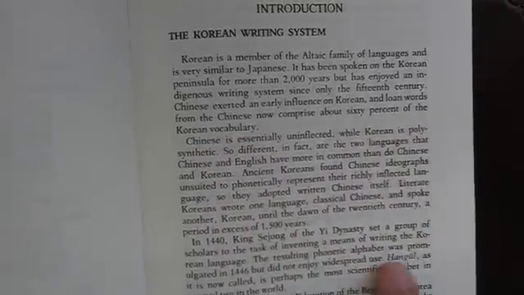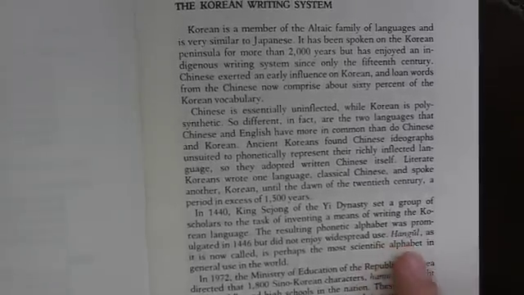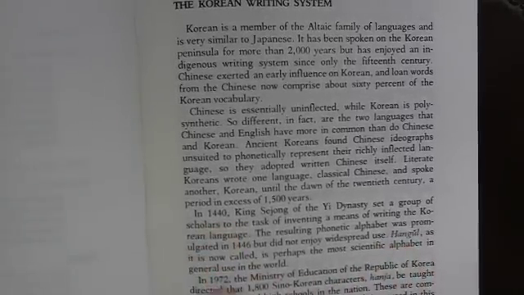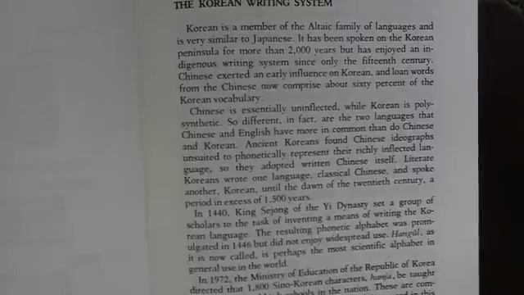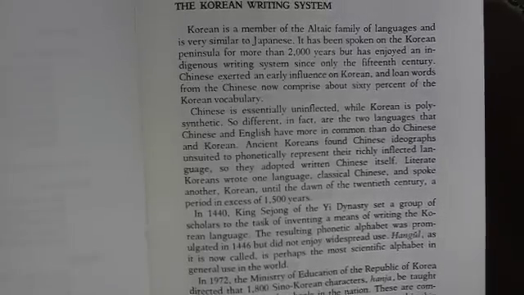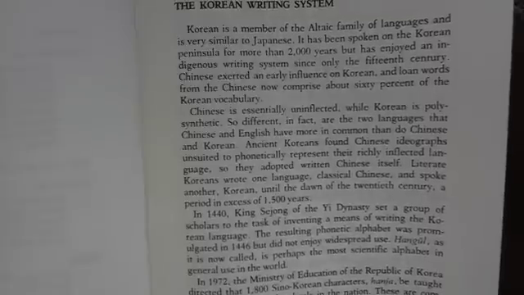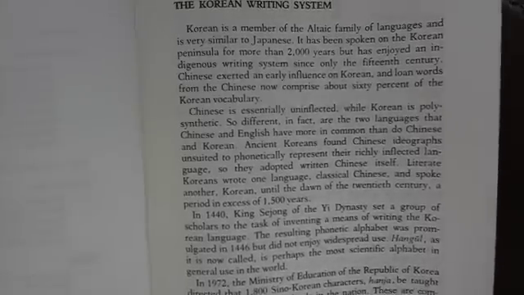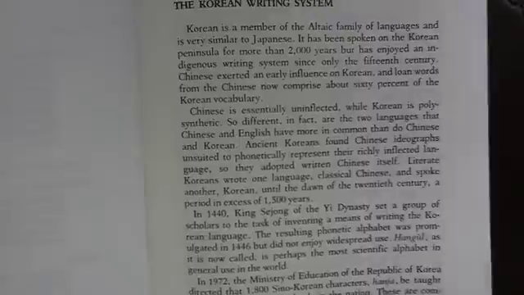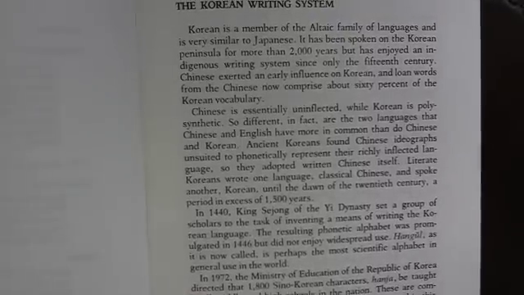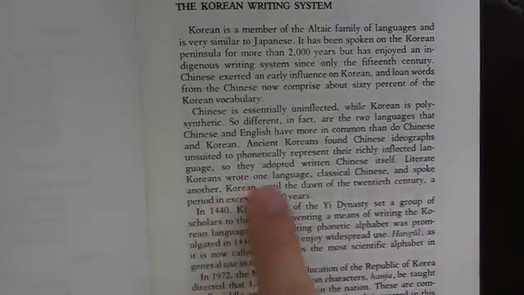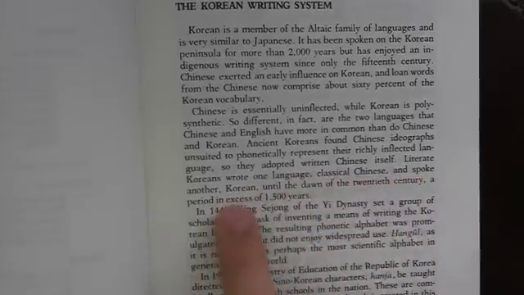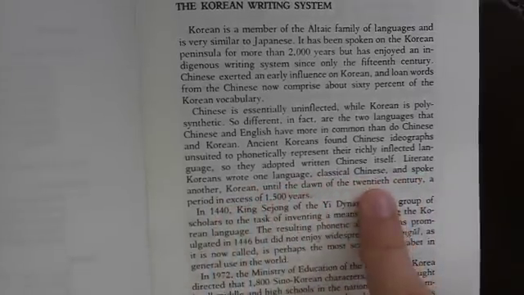They talk about the development of Hangul in 1440, promulgated in 1446, because it was felt that Chinese characters weren't suitable for Korean. So they talk about here that literate Koreans wrote one language, classical Chinese, and spoke another, Korean, until the dawn of the 20th century.